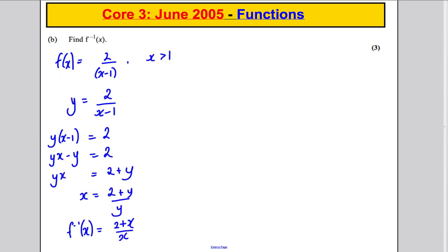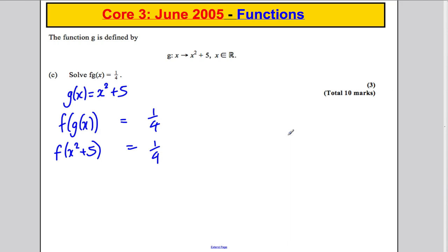And we know from the previous part that f of x is actually 2 over x − 1. So I'll write that up here. So therefore, this here is 1 over, substituting x² + 5 in for x, x² + 5 − 1 is a quarter.